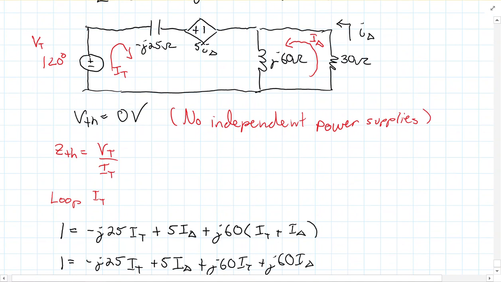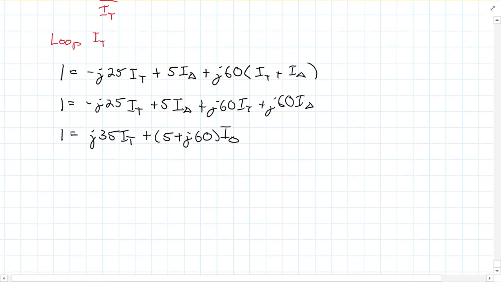Now the second loop here, I'm going to have this off the screen here, is pretty simple. We can see it's 30 times I delta plus J60 times those 2 currents. So my loop I delta is going to be 0 is equal to 30 I delta plus J60 I delta plus I test.